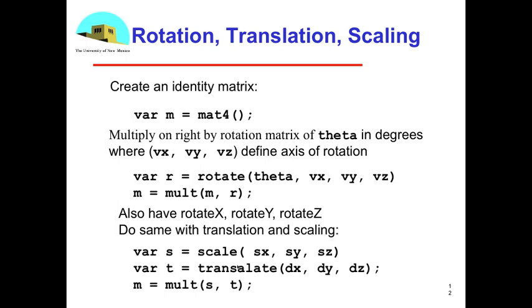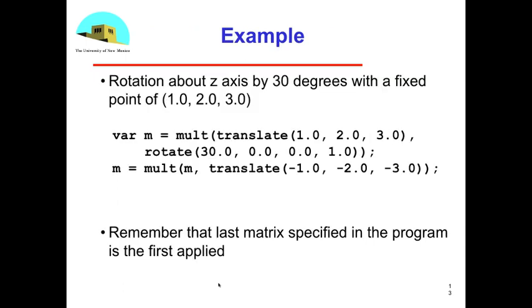So here's another example with scaling and translation, and all I had to do was spell translate without this extra letter here. And now we can just multiply those two together. So here's the simple example of a fixed point of 1, 2, 3 and rotating 30 degrees about the z-axis. So here's the multiplication of a translate. Notice you can chain these all together.